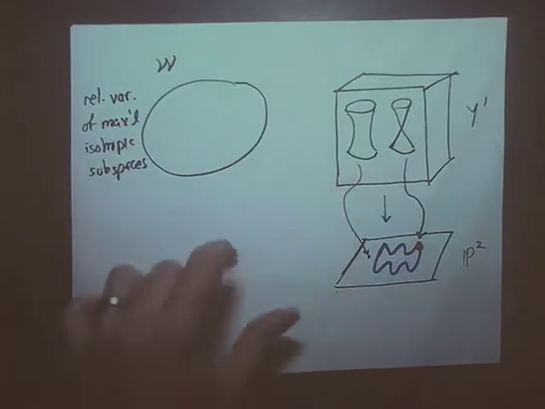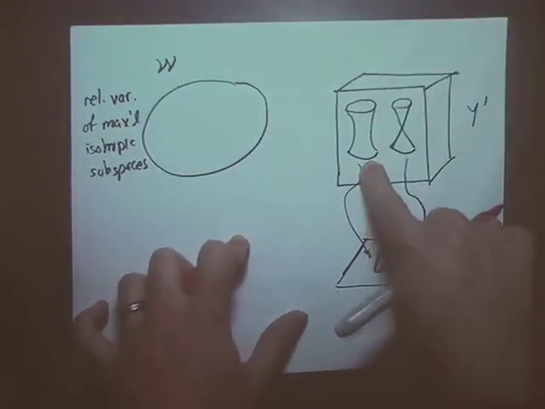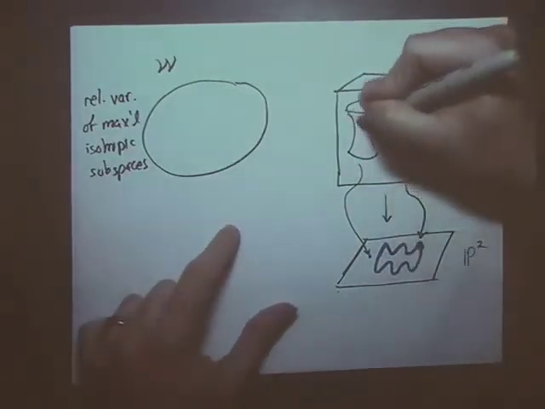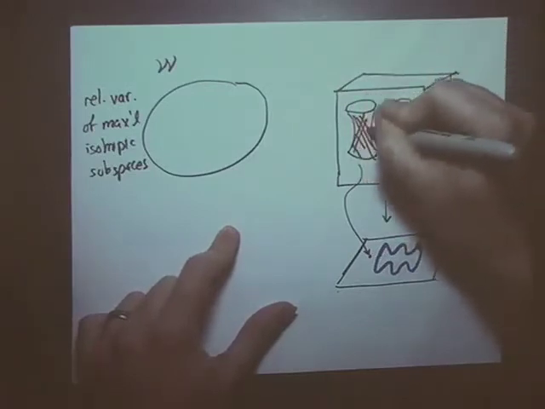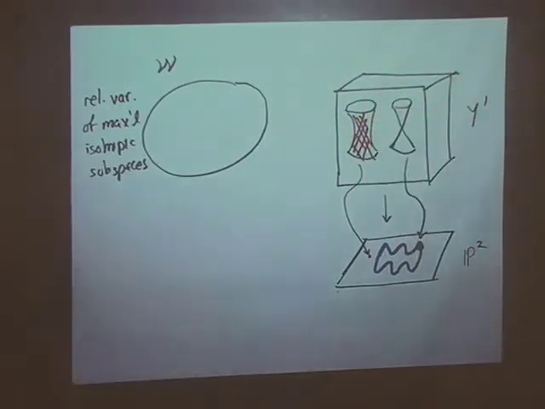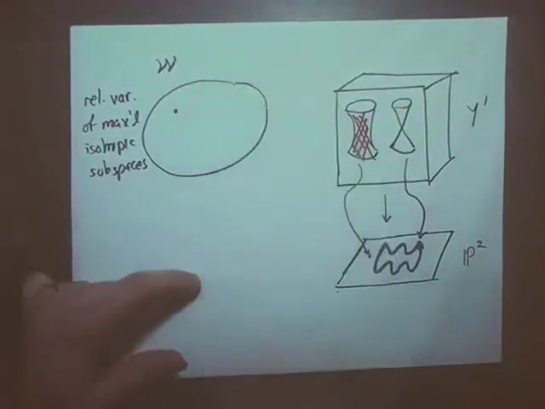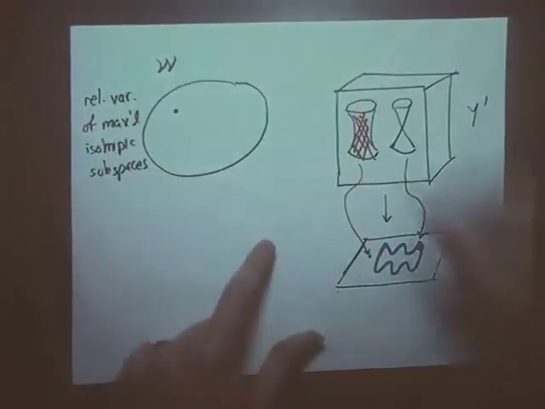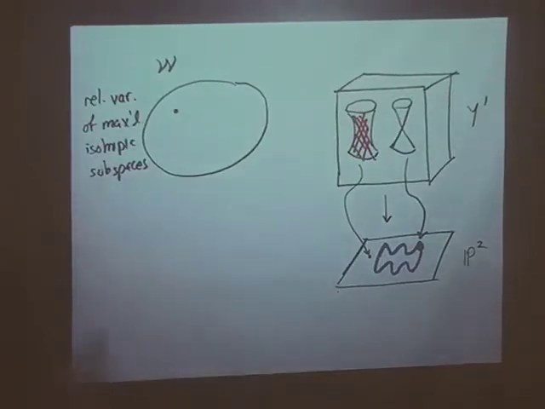If I have a smooth fiber, this is literally a P1 cross P1. Remember this y prime was a fourfold. And in P1 cross P1, there are two rulings. To each one of these lines, I want there to be a point there. So this variety is parametrizing the lines. One point in here is a whole line in here. And now in each direction, there's a P1's worth of lines.